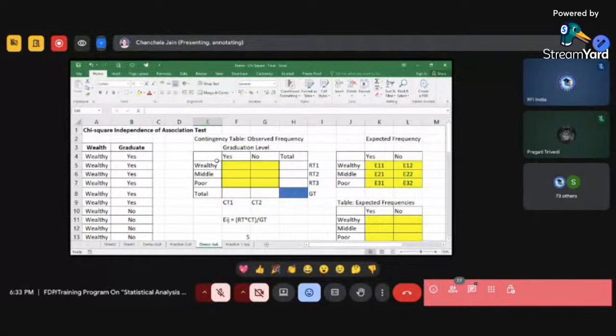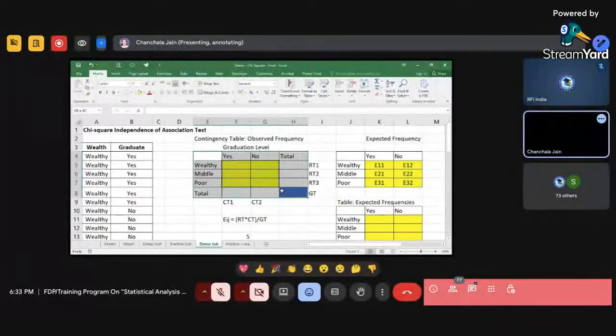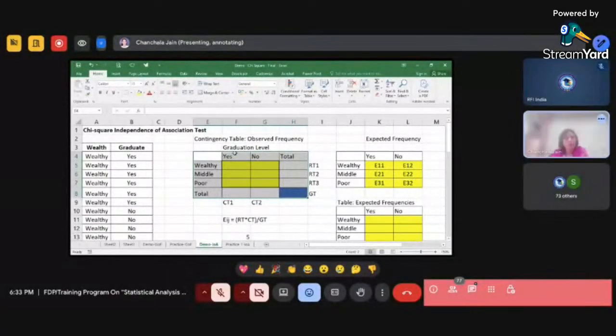Now, I think I have already given you these particular blocks, or are they not available with you? No, ma'am. Not. So I'm giving you a few seconds. You need to prepare a table like this, right? You can give yes and no, and wealthy, middle, and poor. These three statuses you need to prepare. That means we are preparing the contingency table for the observed frequency.